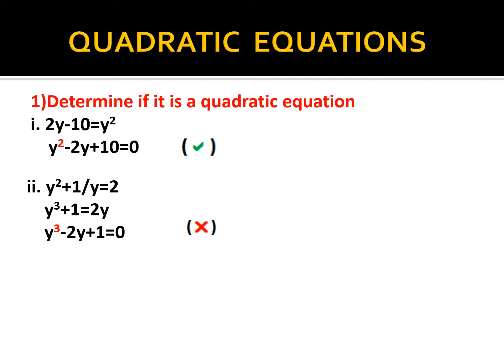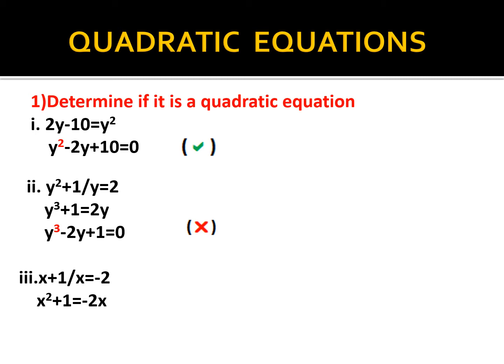Let us take one more example. x plus 1 upon x is equal to minus 2. If you observe this, you might feel it is not a quadratic equation, so it needs to be simplified. We multiply it entirely by x. x into x gives us x squared. 1 upon x into x cancels, x is equal to minus 2 into x gives us minus 2x.